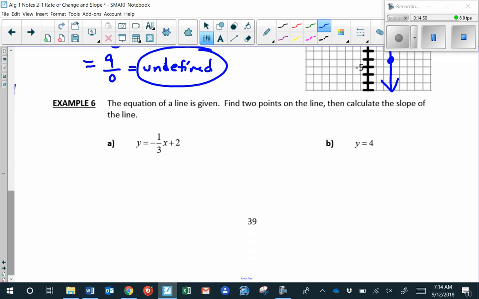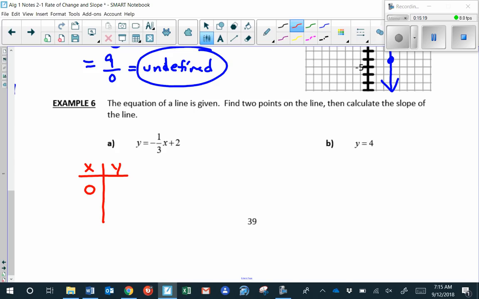All right, now we're going to find 2 points on the line that work in this equation. So in order to do that, we can just pick an x value. I'm going to create a table of values here, and I'm going to pick an x value.